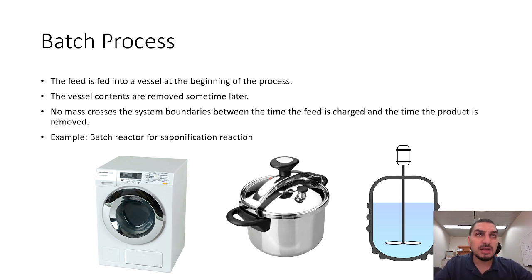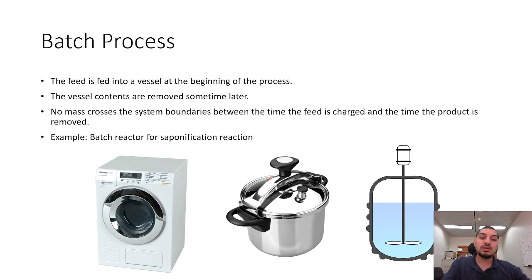This is very common in the soap industry. So if you want to make soap, or in the process of making detergents or shampoos, all these things are done in batch reactors. So this is the first case, which is the batch process.